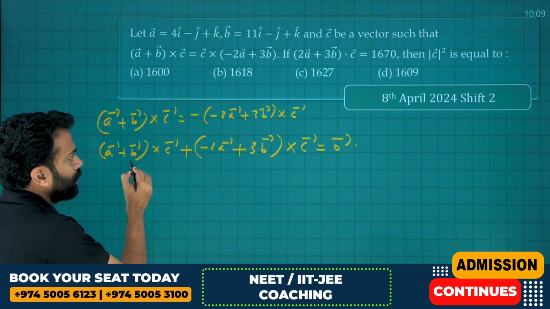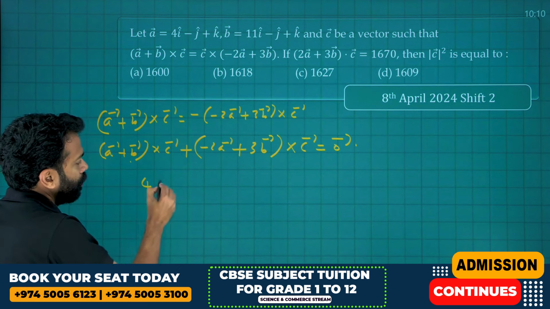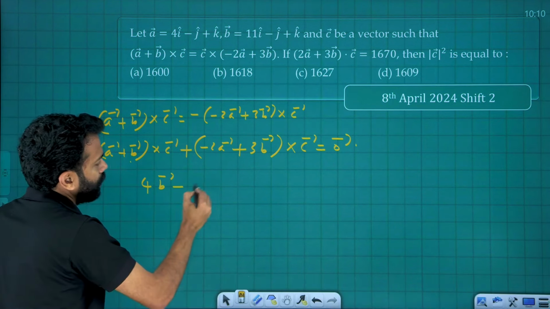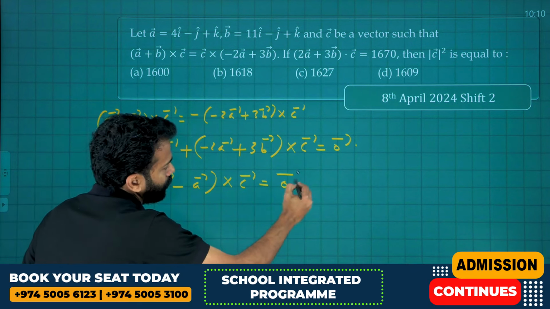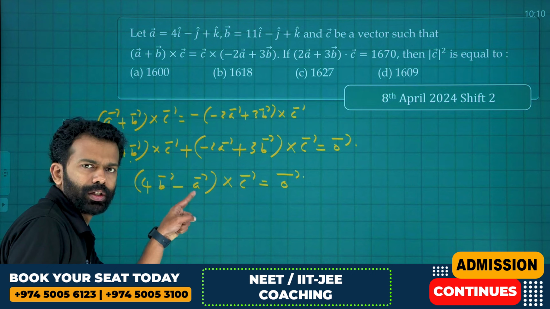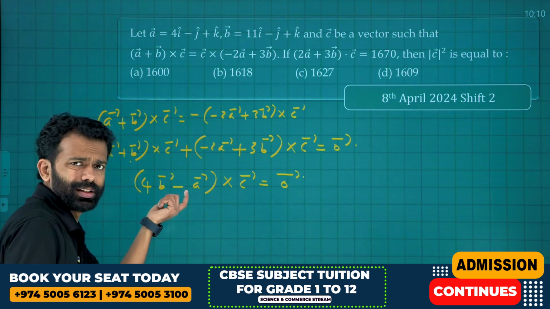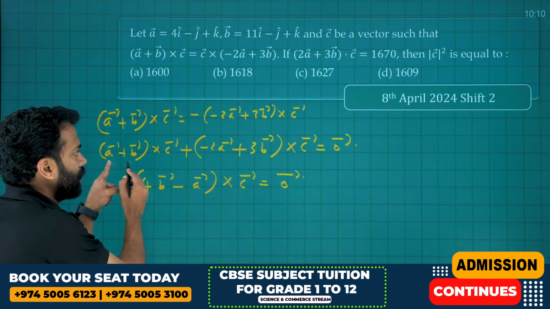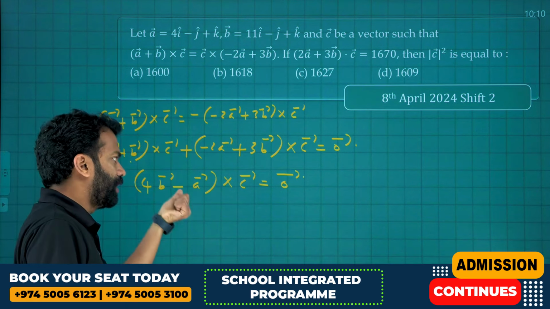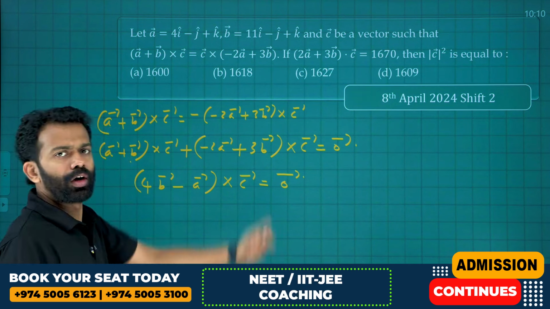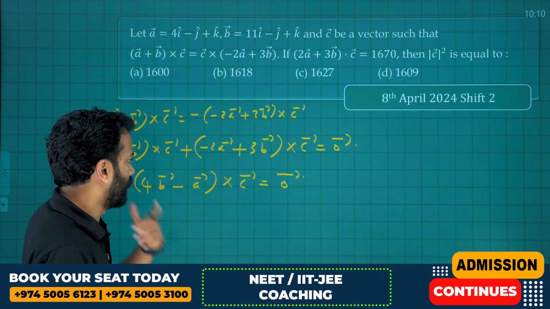Therefore, it will be B plus 3B is 4B, and minus A, cross C is equal to 0 vector. Minus A should come first, but since it is vector addition, it's commutative. A + B plus (−2A + 3B) can be written as −A + 4B or 4B − A. Both of them are same.